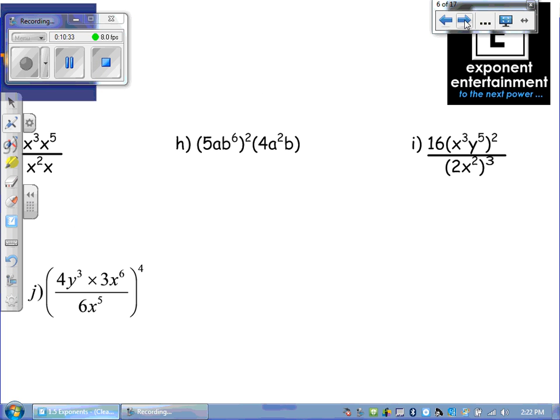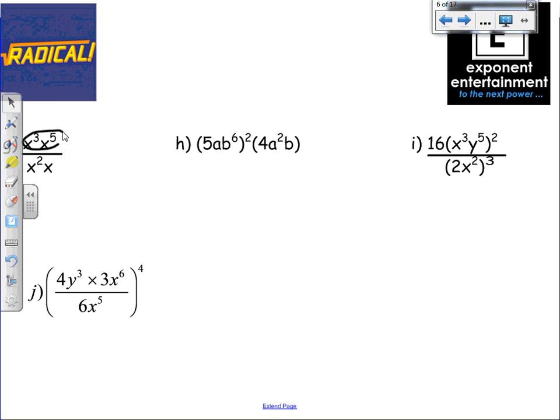So here we have x's on the top and we have x's on the bottom. So my advice to you is going to be to always simplify everything on the top and simplify everything on the bottom. Cool. And then you can do the tops and the bottoms together. So if you simplify the top, what would you get? x8.